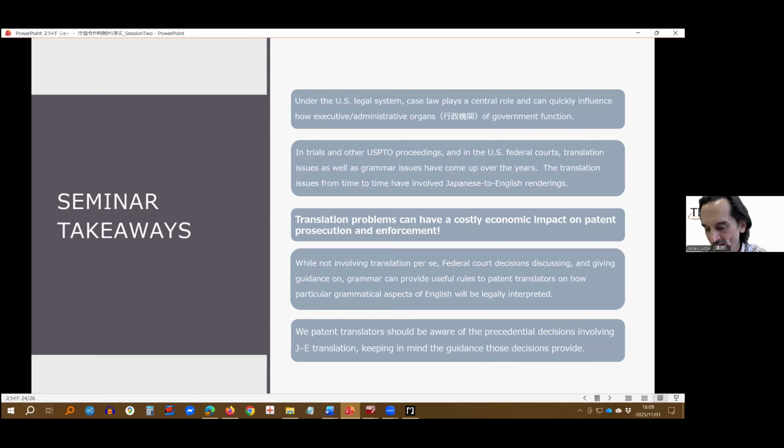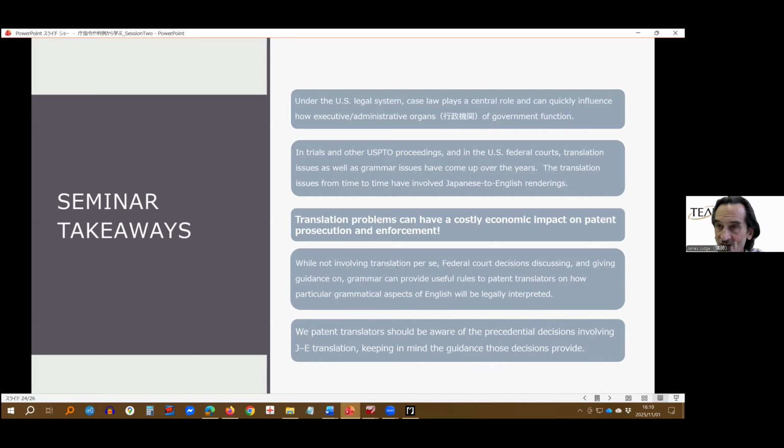And then the last takeaway is we translators should be aware of these precedential decisions like In re Oda, ex parte Miyazaki, and some of the other case law that I talked about today, for example, how in the Daifuku versus Murata case, the "nantokagawa ni" translation issue was very important to that case.